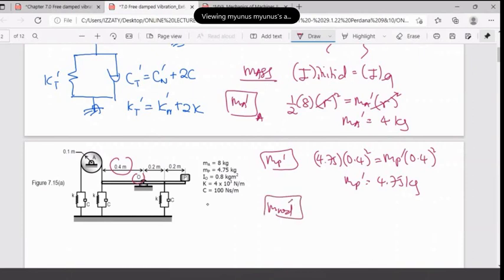So the M rod, if you work out the M rod, you have 0.4, 0.4 here and also 0.4. So it's basically at the middle, isn't it? Yes or no? And you do know that this one is basically uniform.